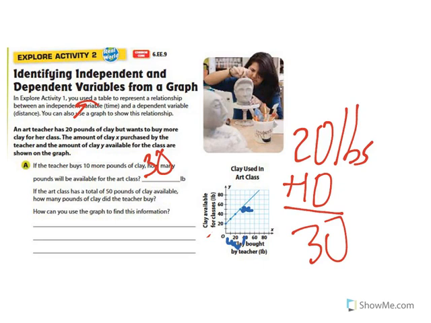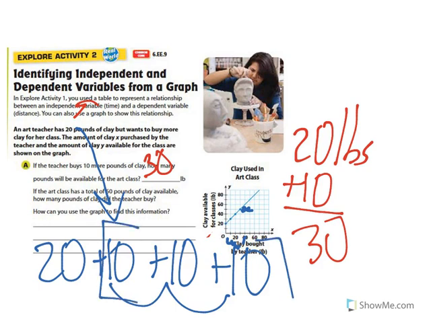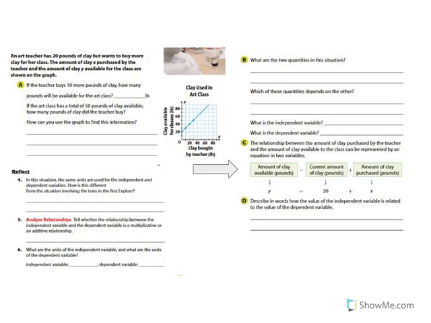So it's 3 jumps over, and the reason it's 3 is because we started at 20, and then we went 10 more, 10, and 10. All right, so that's our 3 jumps, and that is how many pounds of clay the teacher bought, the 30 pounds there.